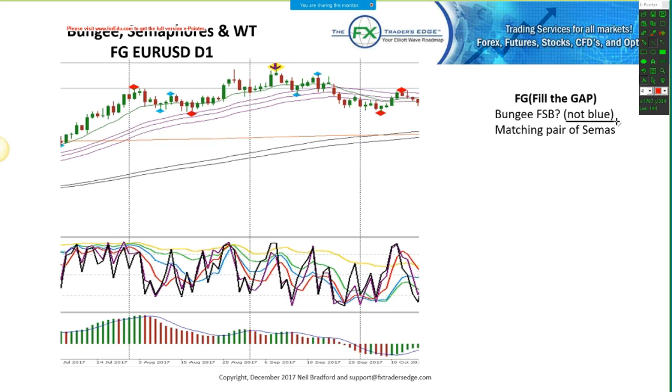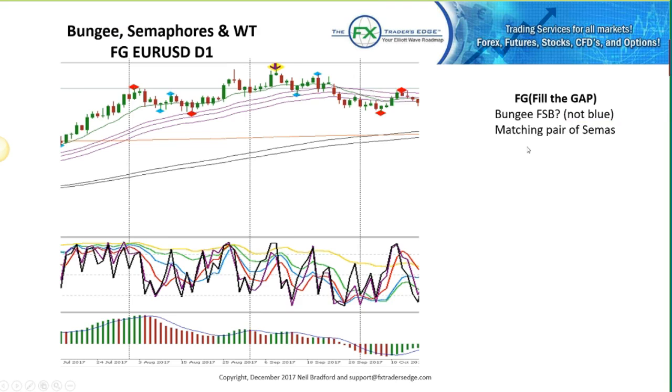The blue hasn't rolled over down again. What's likely to happen? Not a move down, that's for sure. Not until the blue turns over.